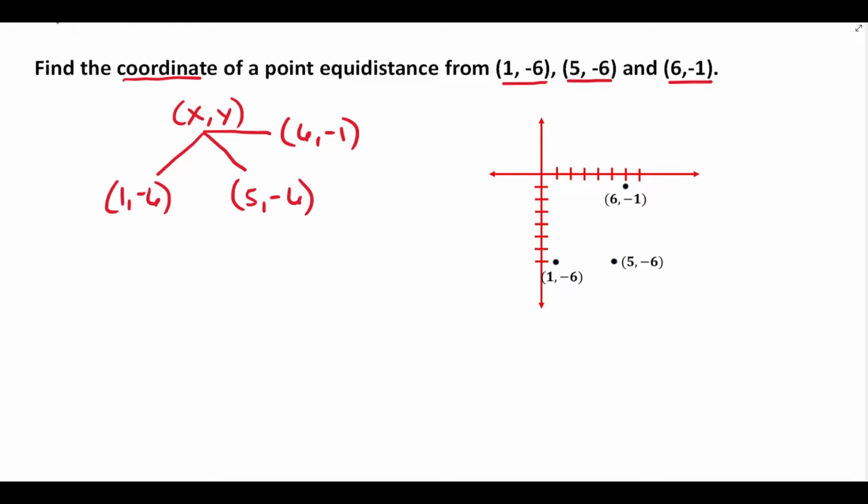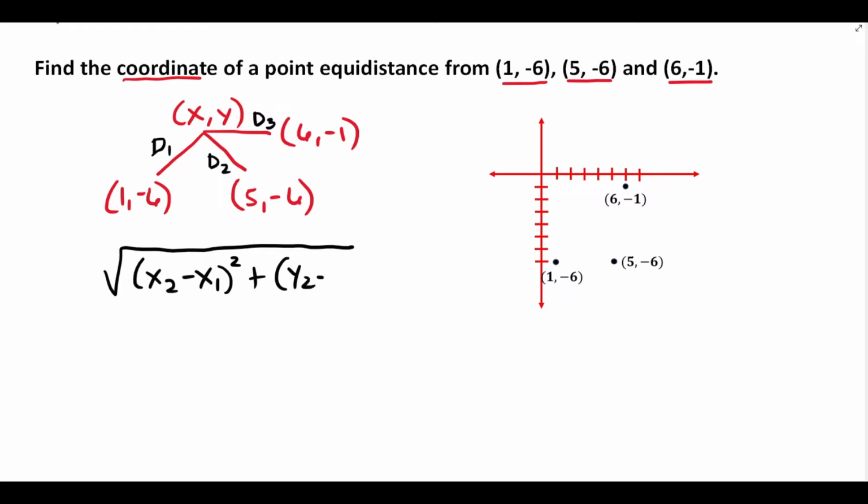Then we let this distance as distance 1, this is distance 2, and distance 3. Since we're looking for the distance, we're going to use the distance formula. That's the square root of (x sub 2 minus x sub 1) quantity squared, plus (y sub 2 minus y sub 1) quantity squared.